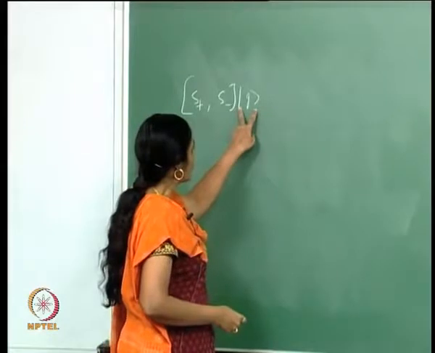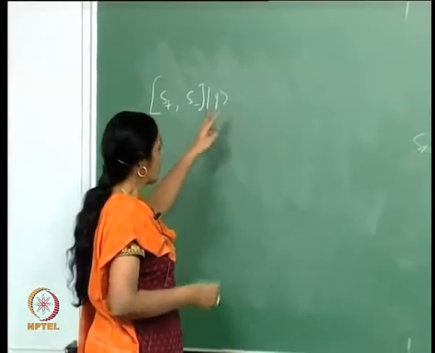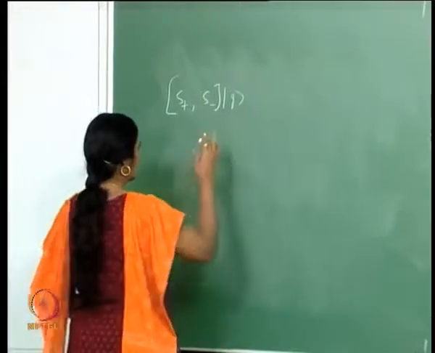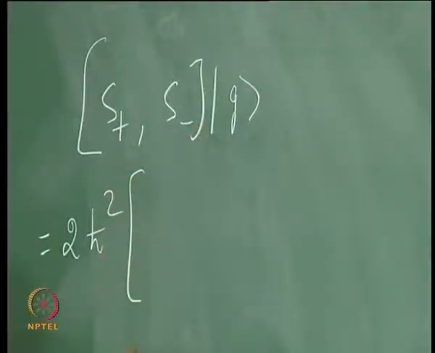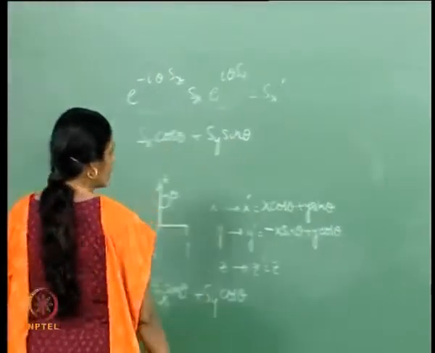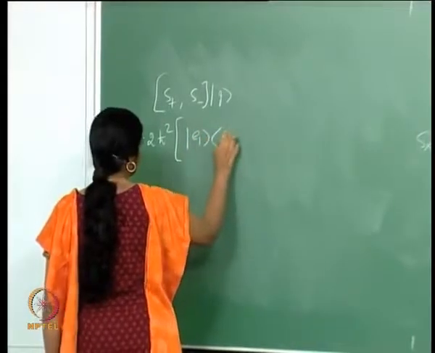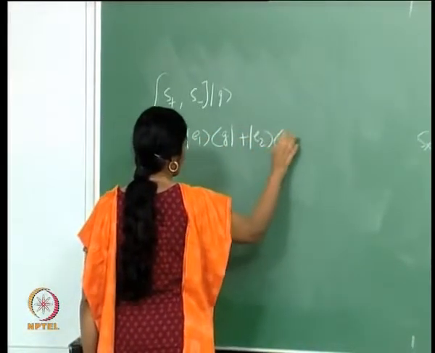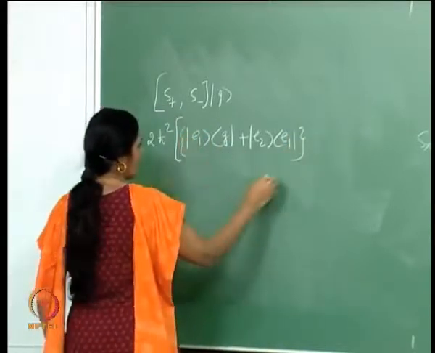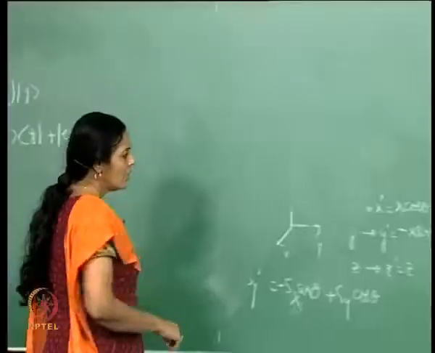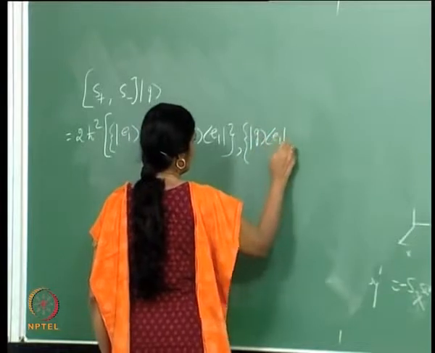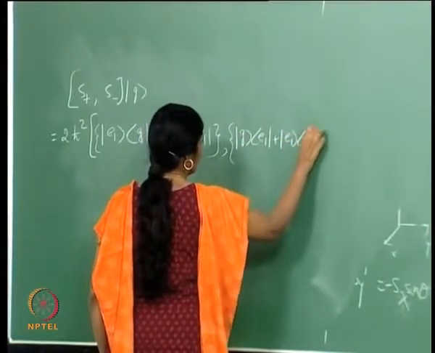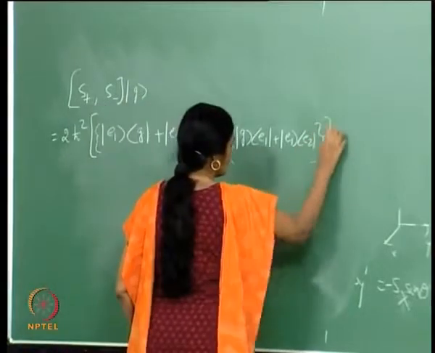In other words, I could use ket G or ket E1 or ket E2 here, and I should be able to get the same algebra independent of the state that is used. So, this just gives me 2H cross squared, the commutator of S plus with S minus, which is just E1G plus E2E1, the commutator of this with S minus, which is GE1 plus E1E2. And of course, this commutator could act on G.